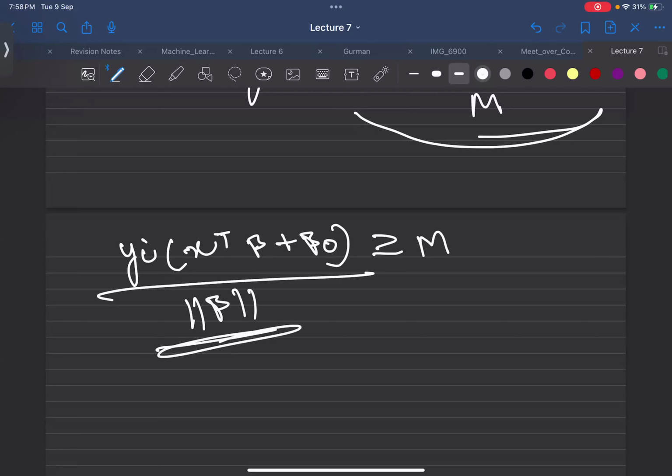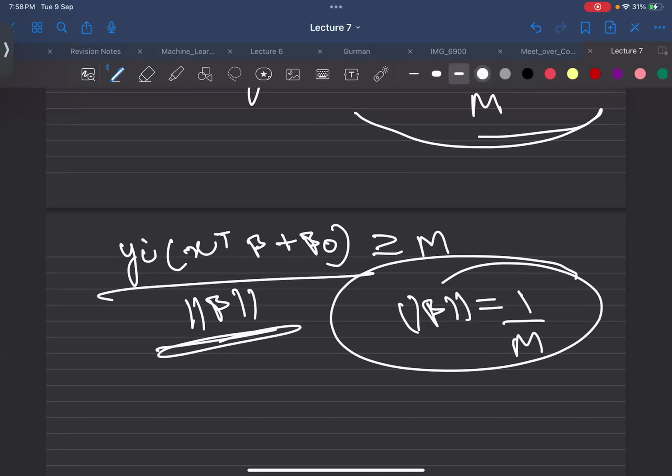Why is this denominator divided by norm of beta? And why am I setting this beta to 1 by m? I'll leave it up to you.